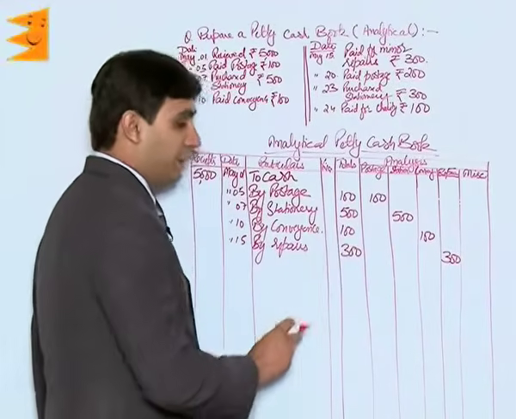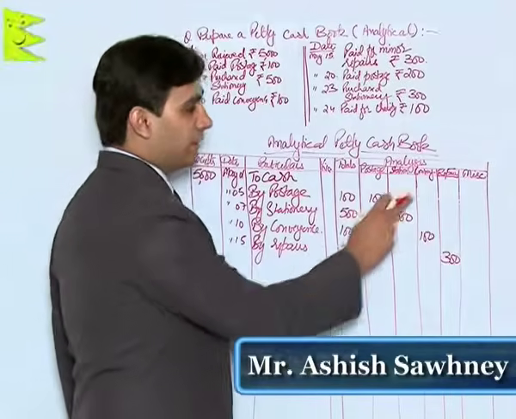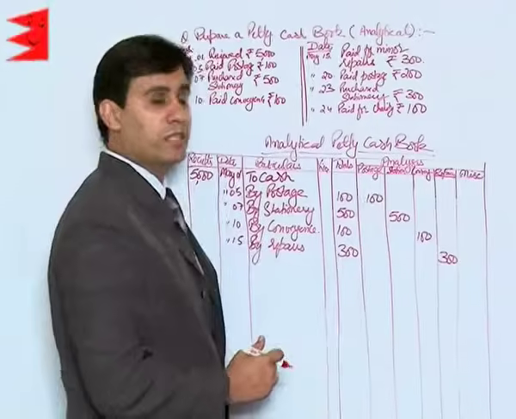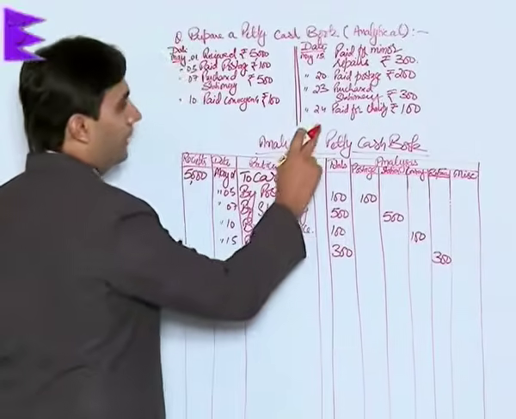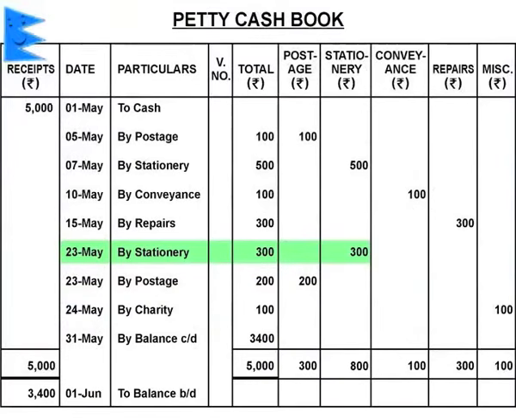Recalling the same fact that the entry is made in the totals column and in the sub column for analysis of the same heading if it is there, and if it is not there, then the entry would be put in the miscellaneous column. Now the entry on 23rd of May, purchase stationery again. So by stationery 300 rupees in the totals column and 300 rupees here in the stationery column.